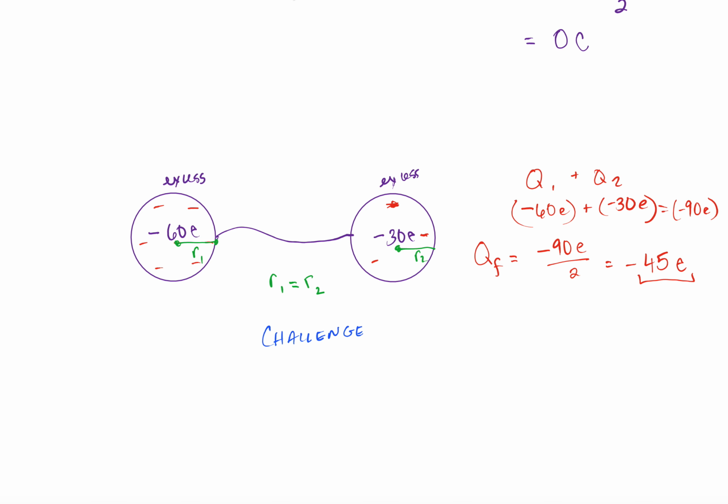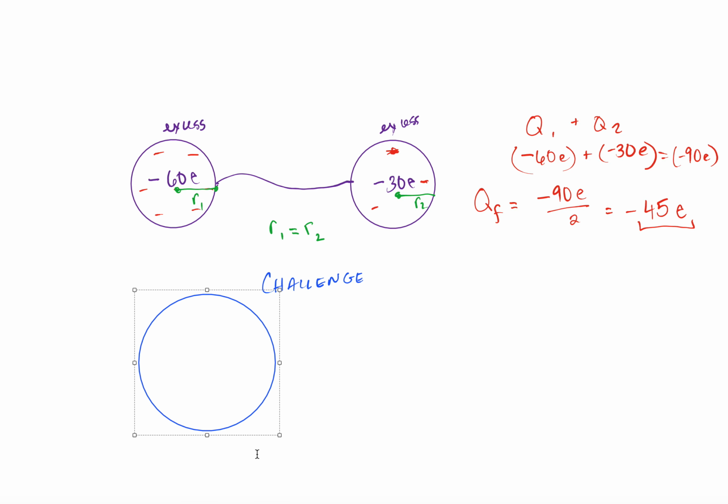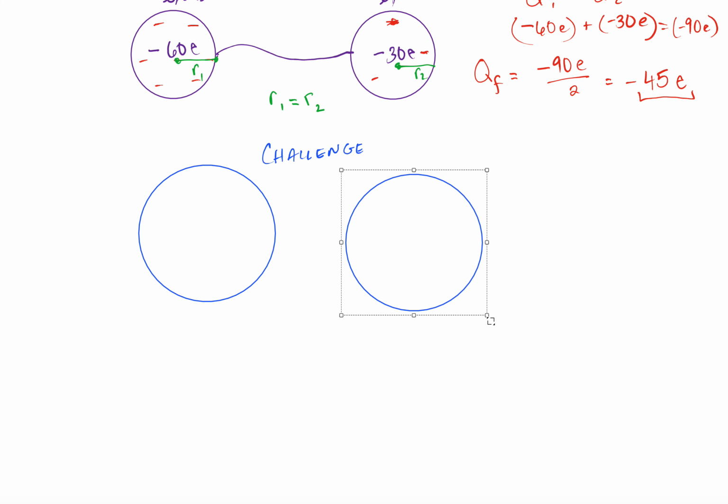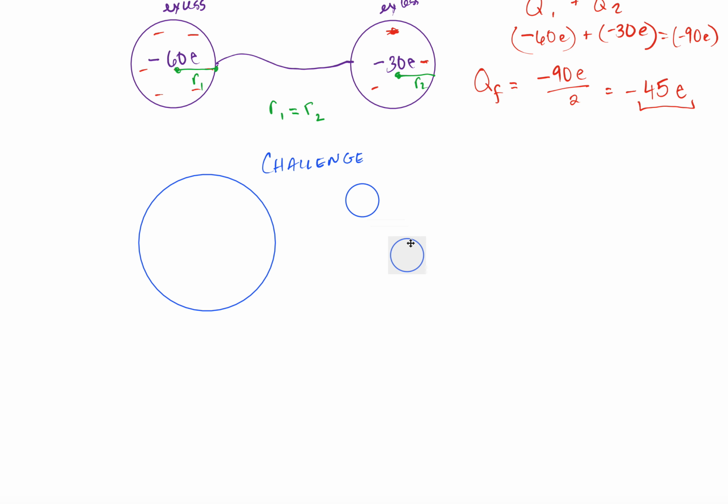Let me put a sphere in here for you. And this sphere has a counterpart whose radius is 4 times smaller than the other one. So I'll go ahead and write this in. We can say that R1 is equal to 4 times R2.